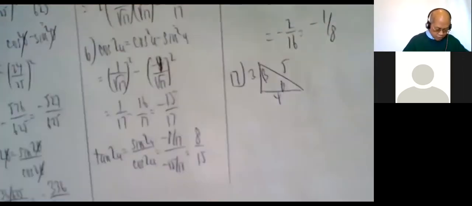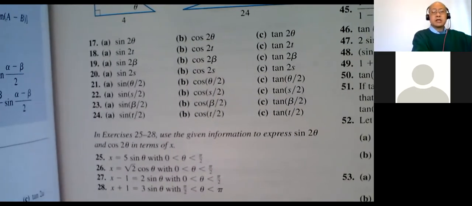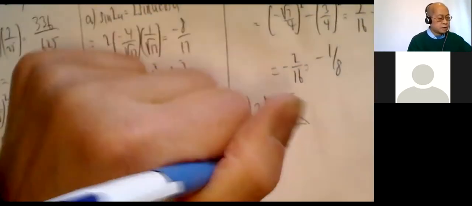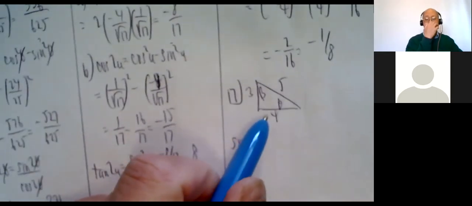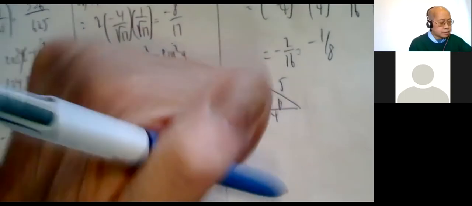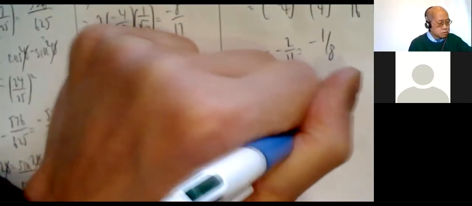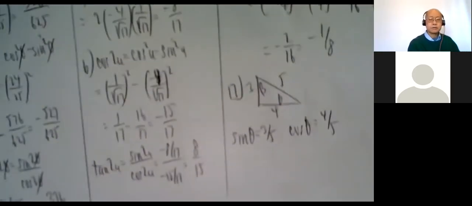All right, so for 17, it asks for sine, cosine, and tangent of 2 theta. So let's figure out for theta. Sine of theta, you should know this for today's test, opposite over hypotenuse, 3/5. Cosine of theta, adjacent over hypotenuse, 4/5.